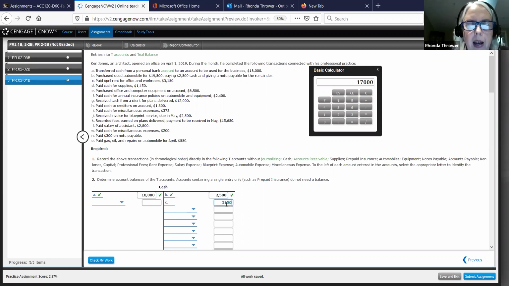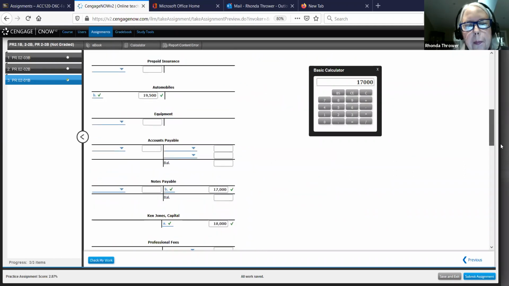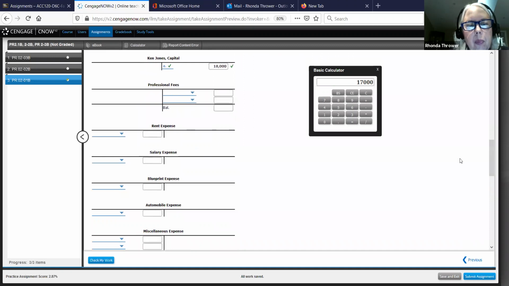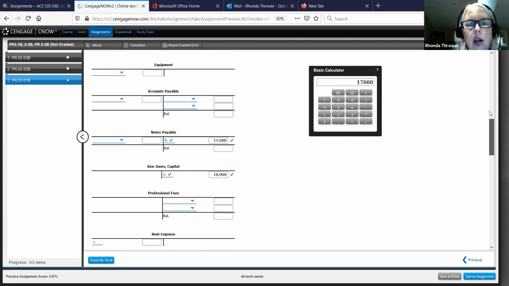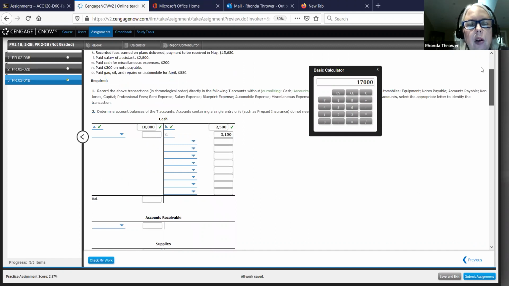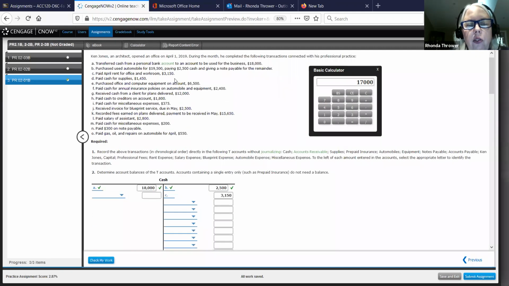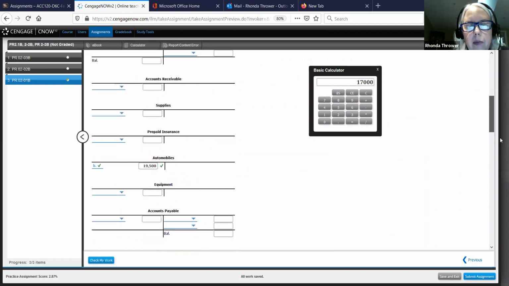I must have at least two parts to the transaction. In C, the other part to this transaction was that I paid rent. So I'm going to look for my rent expense account. I'm going to put down that this came from transaction C, and I'm going to record the amount of my rent expense, which according to transaction C was $3,150.